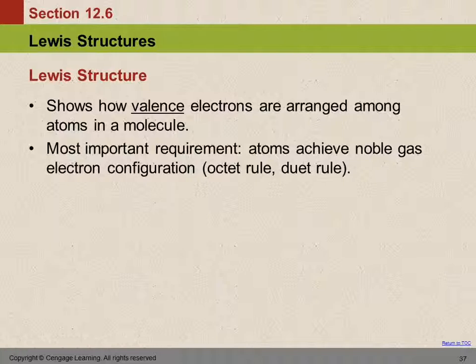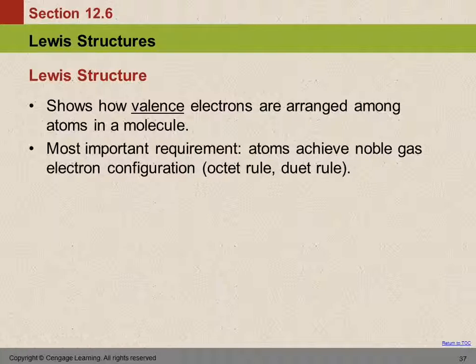For the main group elements, the group number tells us how many valence electrons are in an atom. So chlorine being in group 7A has 7 valence electrons. Boron in group 3A has 3 valence electrons. So that's really important, to be able to look at the periodic table and identify how many valence electrons something has.